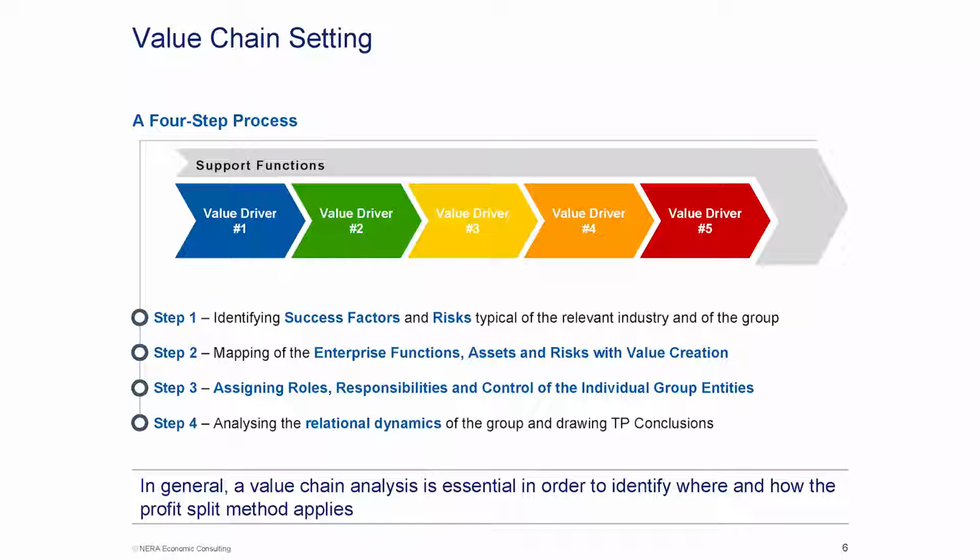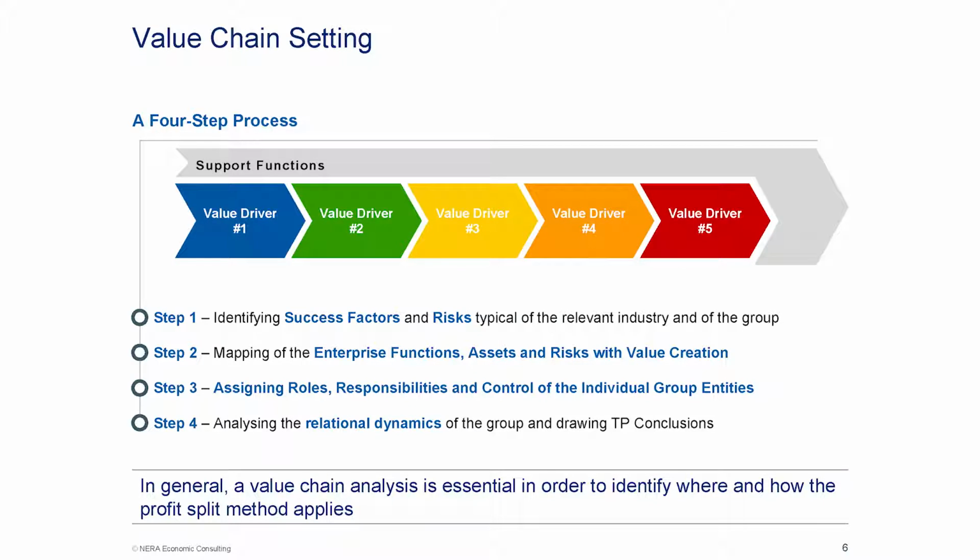So we wanted to emphasize that yes, the value chain analysis tool is a relevant tool for the selection of method. And in the slide, we present a 4-step process that starts with the identification of the success factors and the risks at the holistic level for a whole industry and the company within this industry. Step 2, which involves mapping the functions and risks and assets of the enterprises within this value chain. And step 3, which is the assignment of the specific role and responsibilities of individual entities in light of step 1 and 2.